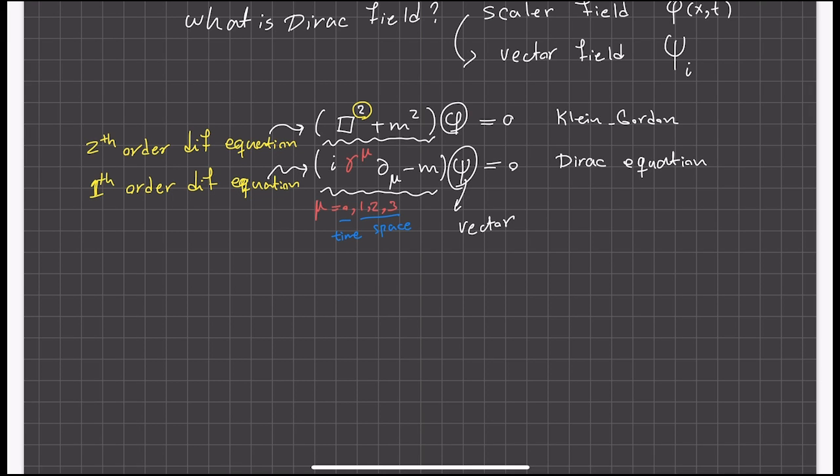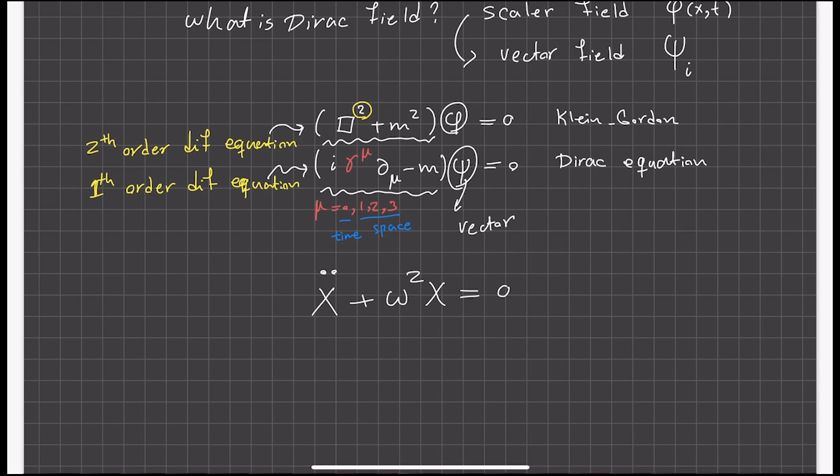derivative. But in general, in classical physics, when we are talking about waves, if you remember the whole discussion about waves and simple harmonic oscillator, simple harmonic oscillator was x double dot, or second derivative of x, plus some omega squared of x is equal to 0. So Klein-Gordon is similar to what we call a simple harmonic oscillator or simple wave.